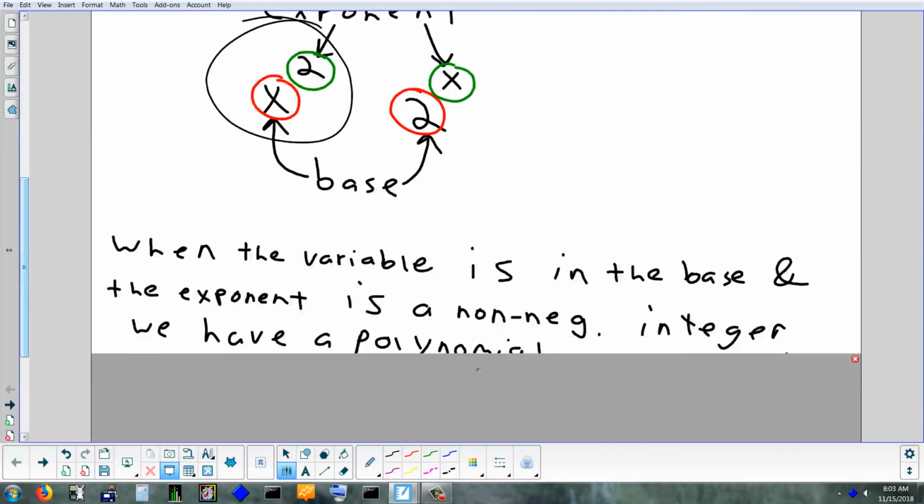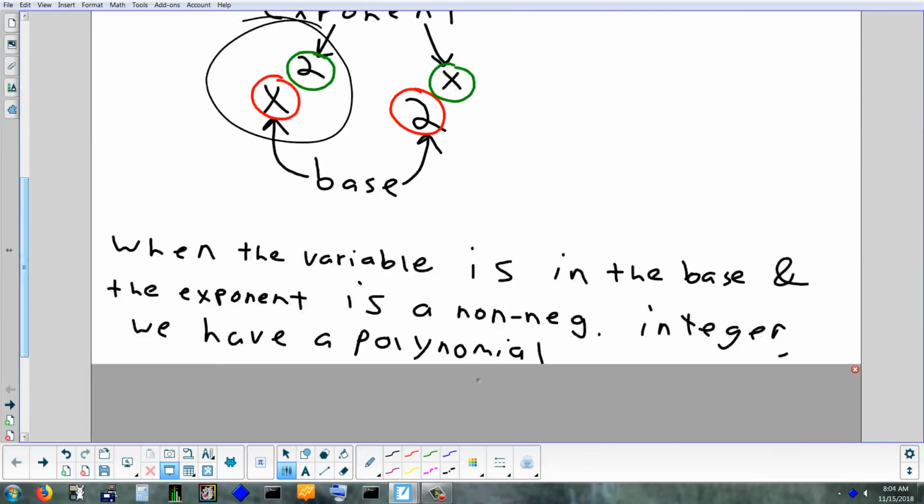So when you put the variable in the base, that's like the one on the left, and the exponent is a non-negative integer, that means it's not a fraction, not a decimal. As long as it's a non-negative integer, that makes it a polynomial. Could be a quadratic, could be a cubic, x cubed, could be quartic, if that's a fourth power.